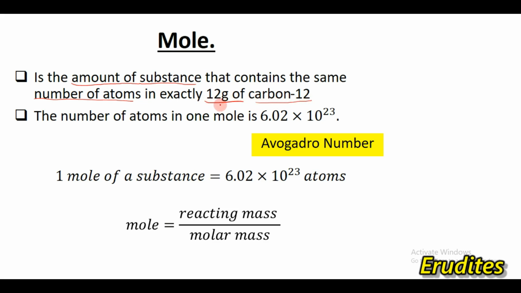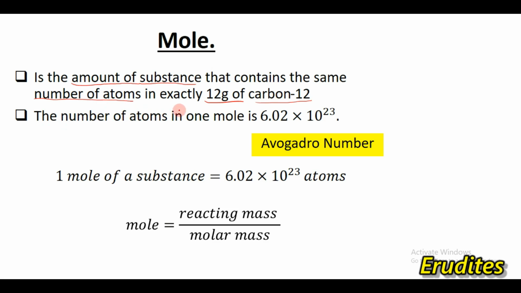So 12 grams of carbon-12 is used as a standard in determining the mole of a substance. Again, the mole of a substance can be defined as the amount of substance that contains the same number of atoms in exactly 12 grams of carbon-12. This is the simple definition of the mole of a substance.